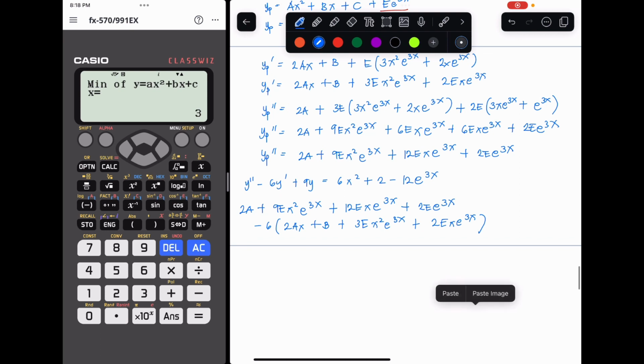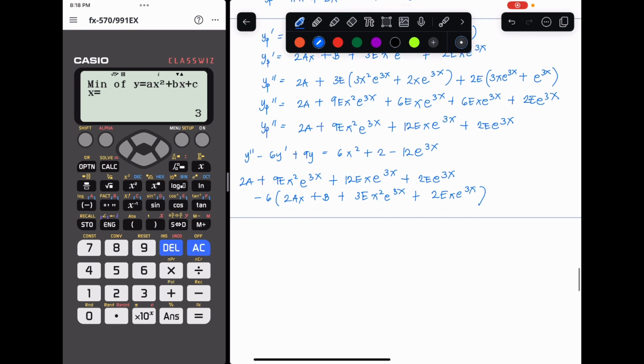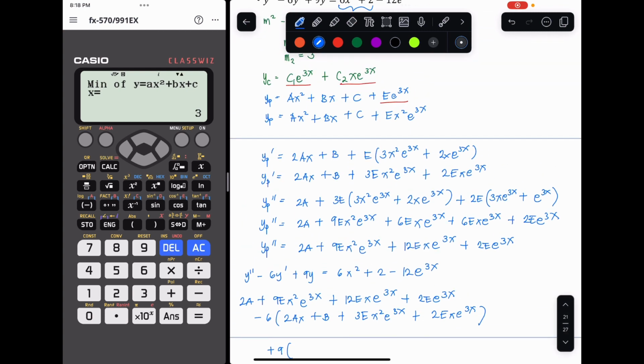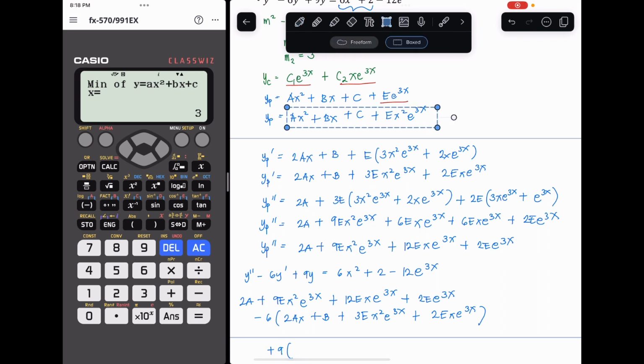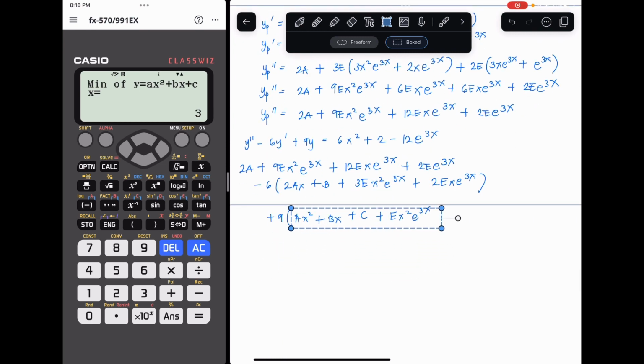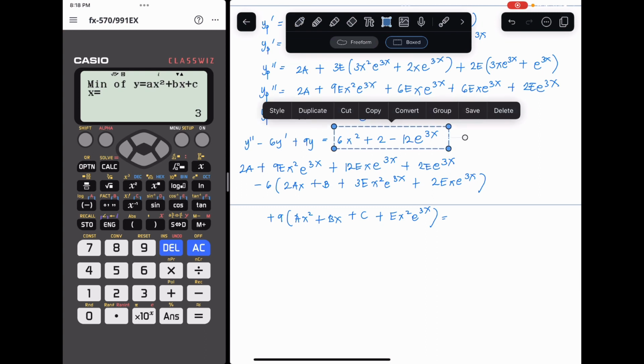And then for our y, I'll have plus 9. Y is, okay, this one. It's not the original one, so the one that we multiplied with x squared. And thus, this would be equal to the g of x.